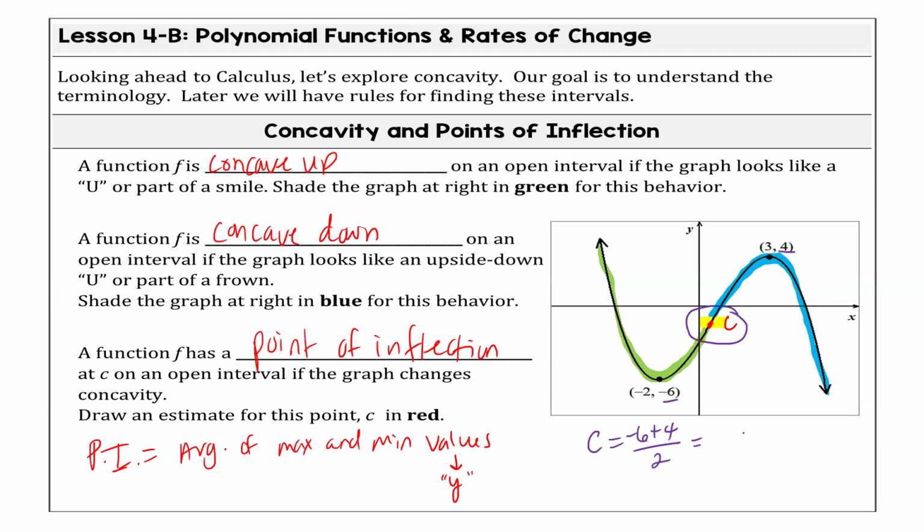What's -6 plus 4? -2. -2 over 2 is -1. So we know the y value there is going to be -1. So this equals the y of our PI.